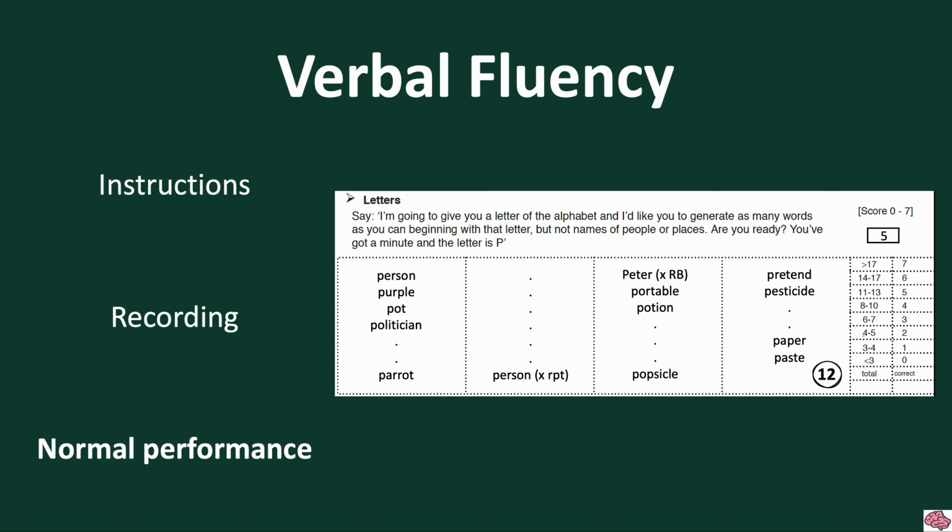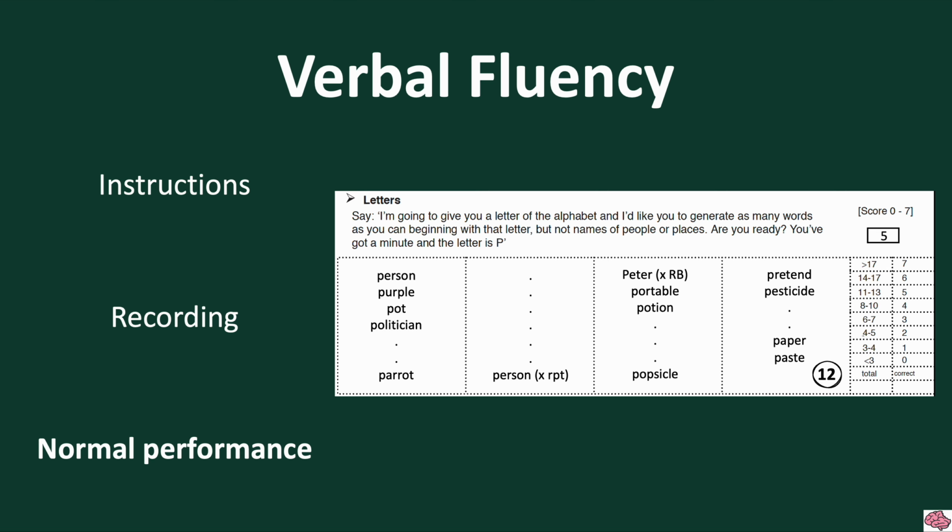As a very general rule of thumb, it's probably useful to remember that the average 10-year-old should be able to get 10 P words. I think that's a useful yardstick in everyday practice, and also brings into mind the fact that, for example, on the MoCA, to obtain the score 1 out of 1 for the verbal fluency section, a person only needs to be able to generate 11 or more F words.